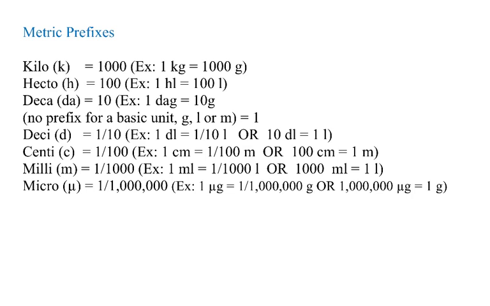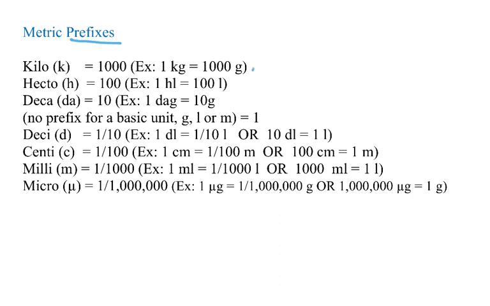In the metric system, that is handled by simply putting prefixes in front of the basic units of gram, liter, or meter. And the prefixes all represent powers of 10.